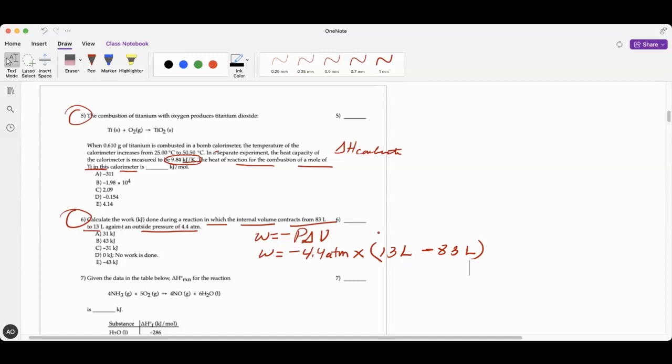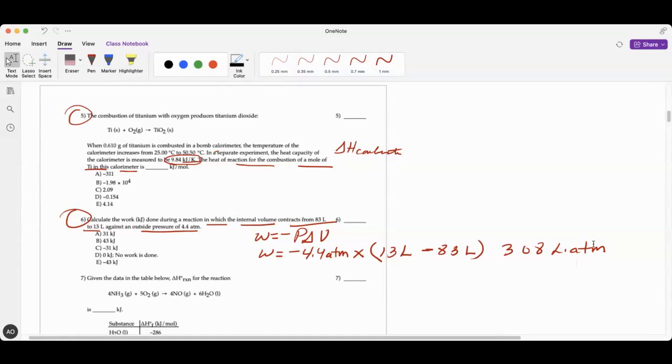We put this into the calculator. Negative 4.4 times 13 minus 83. And I have 308, and that's liter atmospheres.